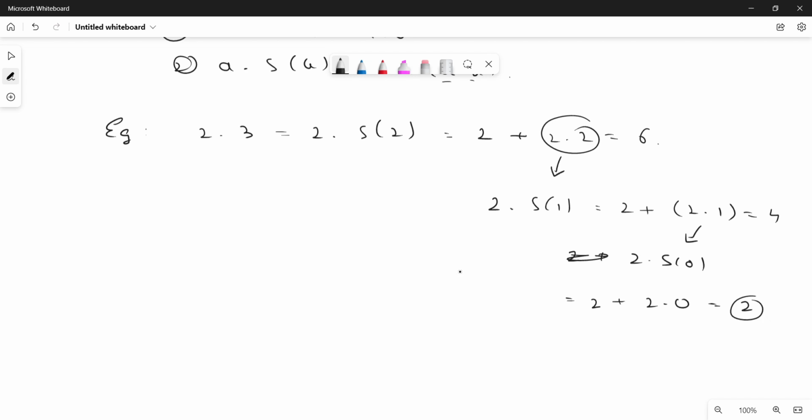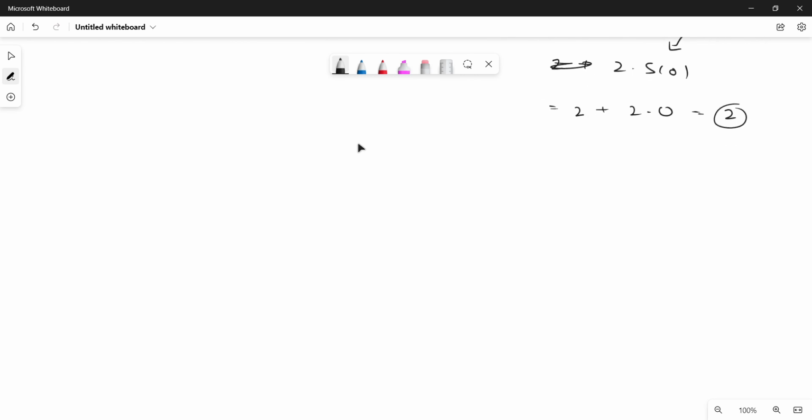So this is how we have built the arithmetical operations on natural numbers axiomatically. Now I claim that we have understood the concept of natural numbers pretty well by axiomatically constructing it.